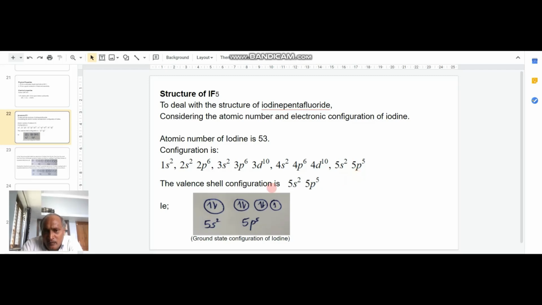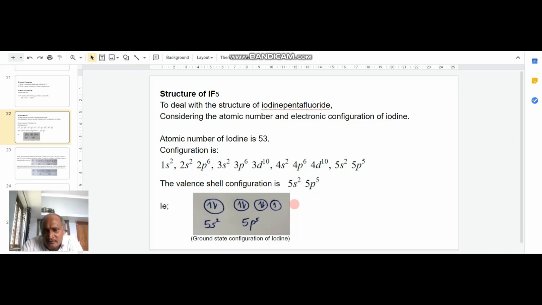So the valence shell configuration of iodine is 5s2 5p5.